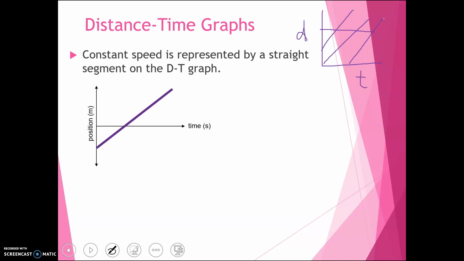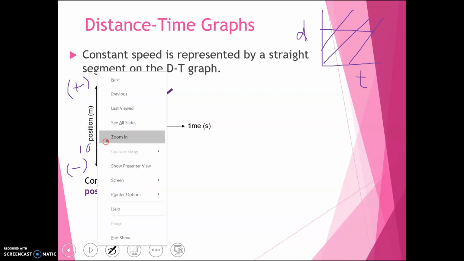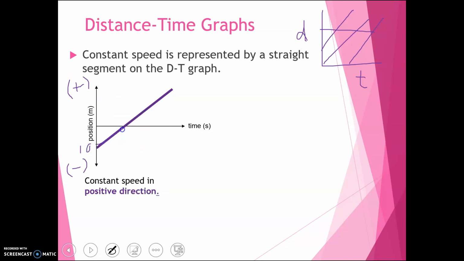So for this first scenario, the object starts in the negative position of the graph. So maybe it starts 10 meters to the left, because this is the negative portion of the graph, and this is the positive portion of the graph. So this object starts 10 meters away and it goes to 5 meters away, 0 meters, it's right at the origin here, and then it continues moving past the origin to the right.